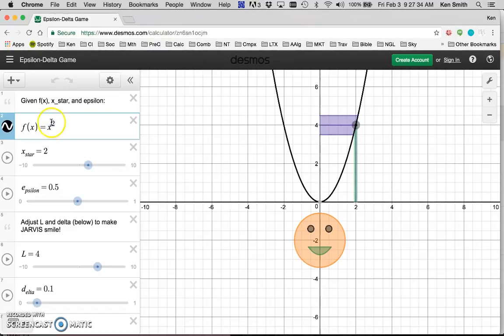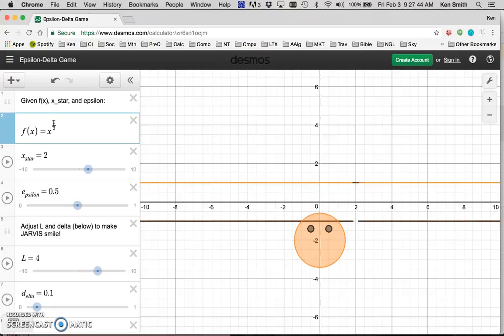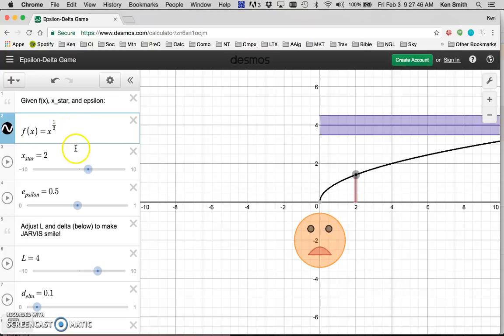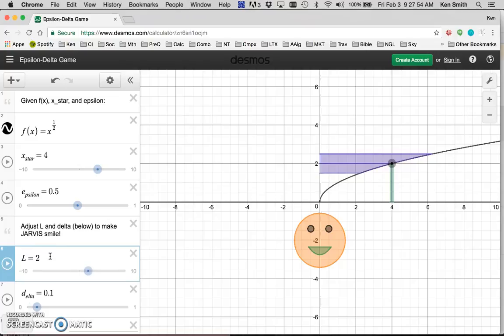For example, I can come up here to the second line and type in a function. They have x squared as the default function. I'm going to put in a 1/2 so that I get a more interesting curve. I'm going to make the x value be 4, and in the square root function, the limit had better be 2.